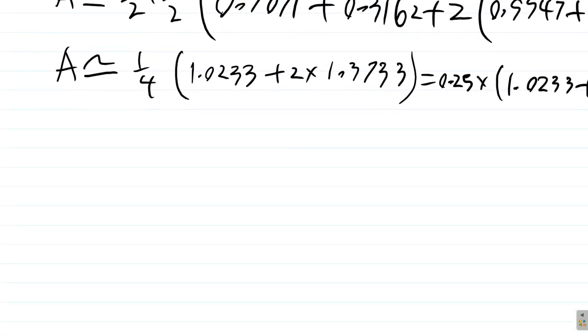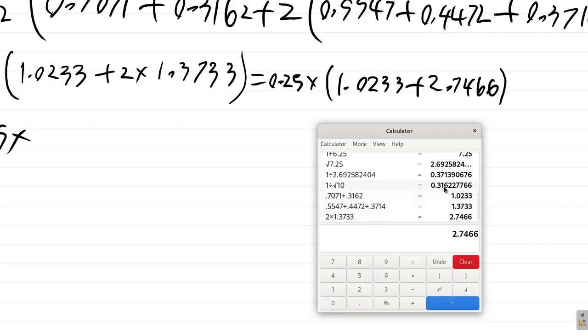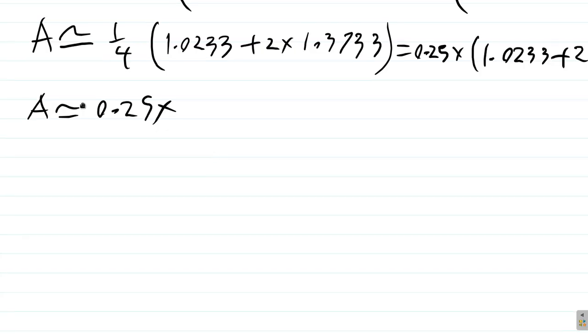So what we have is that the area is approximately equal to 0.25 times, and then we add up these: 1.0233 plus this equals 3.7699.